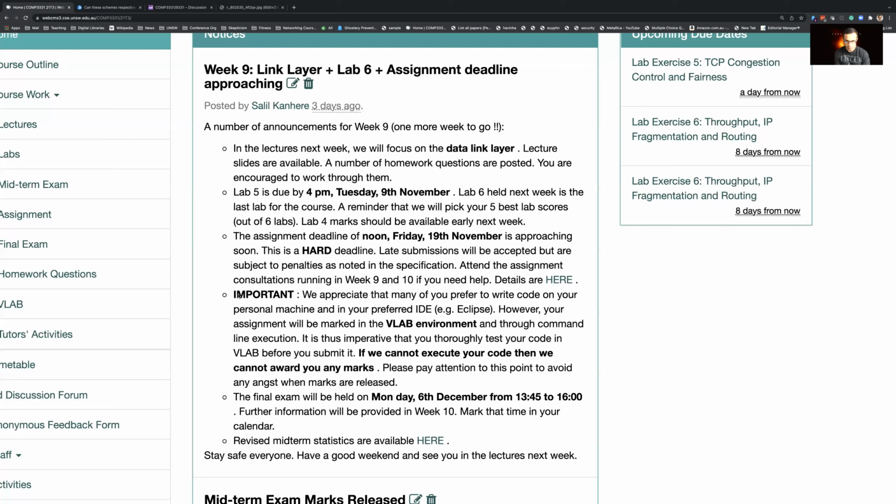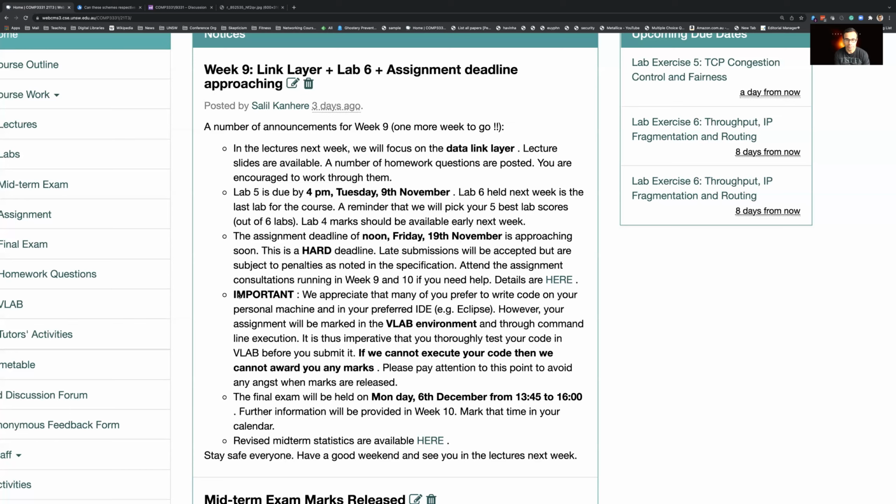So you have to make sure your assignment works as expected in the VLab environment, because that is how your assignment will be marked. Please take the time to thoroughly test it before you submit, because we always get a few emails later saying, my assignment works on my machine, but it doesn't work on VLab. Well, we warned you. We've been warning you for quite some time now.